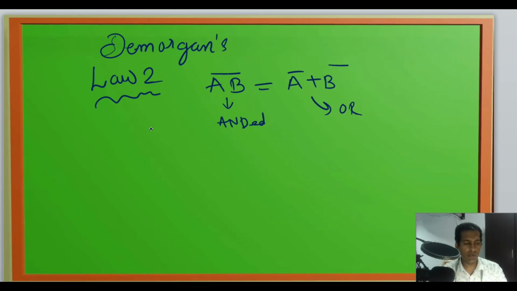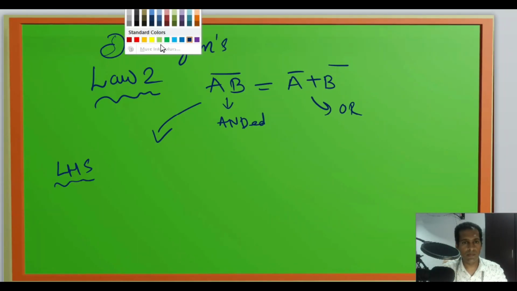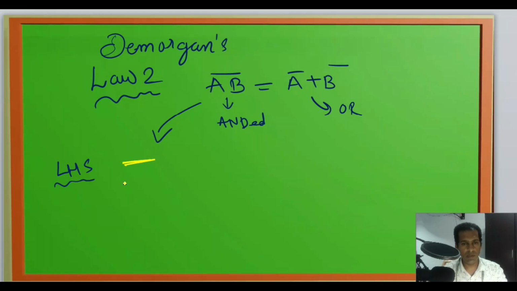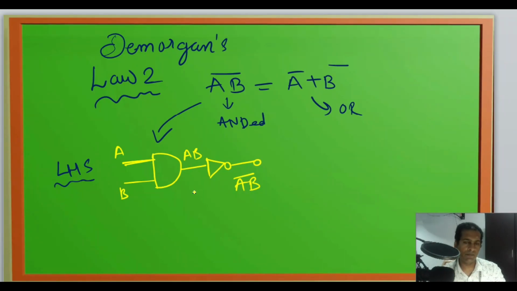Now from the schematic we can see what the LHS is. For the LHS, if we draw, we have AB, that is an AND operation. A and B are the inputs for the AND gate, and after that their product is connected to an inverter, so the total output is (AB) bar.